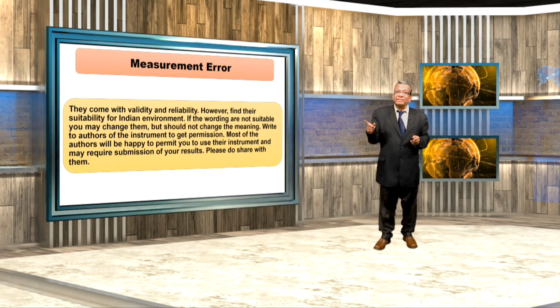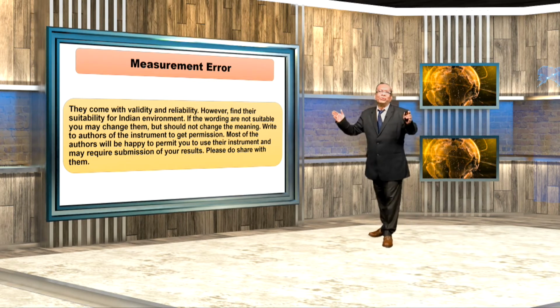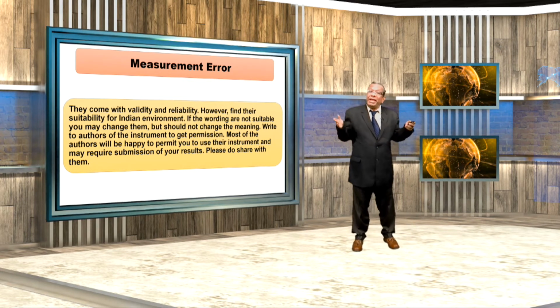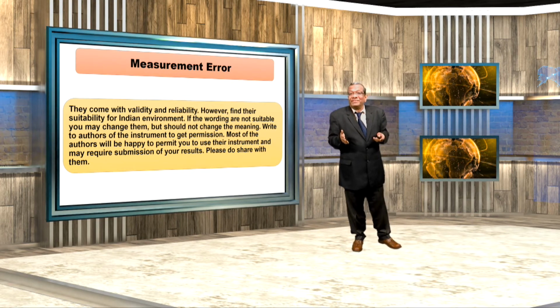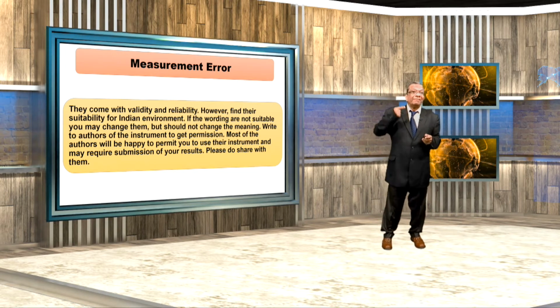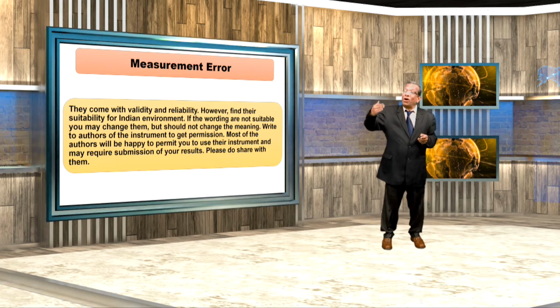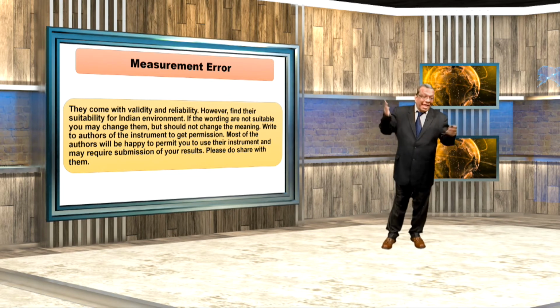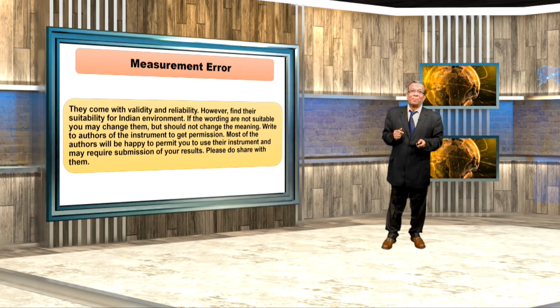Write to the authors of the instrument to get their permission. Most of the authors will be very happy to permit you to use their instrument and may require submission of your results. Please do share your results with them. In this way, you will find your validity and reliability is far better than by any other methods.